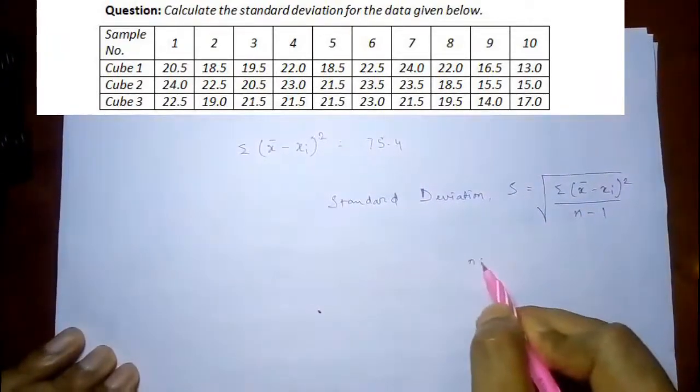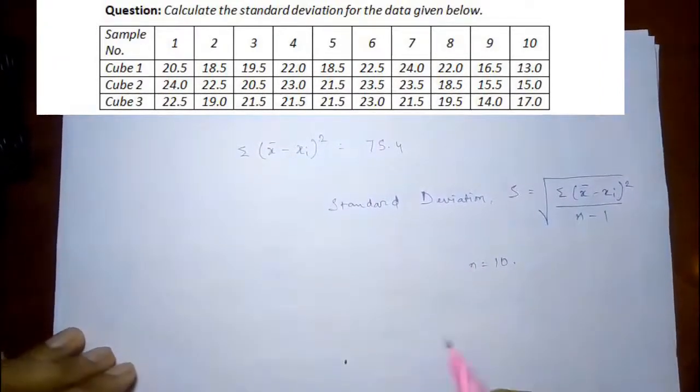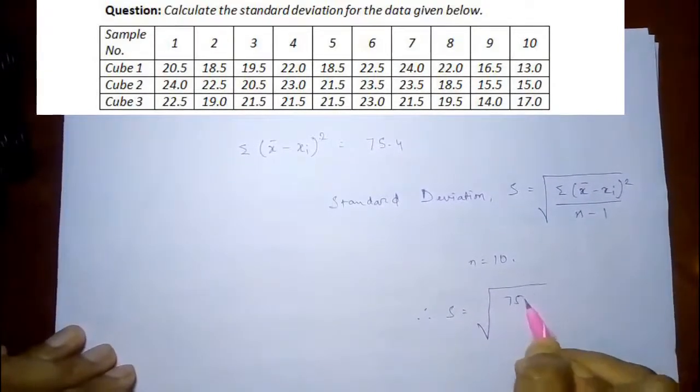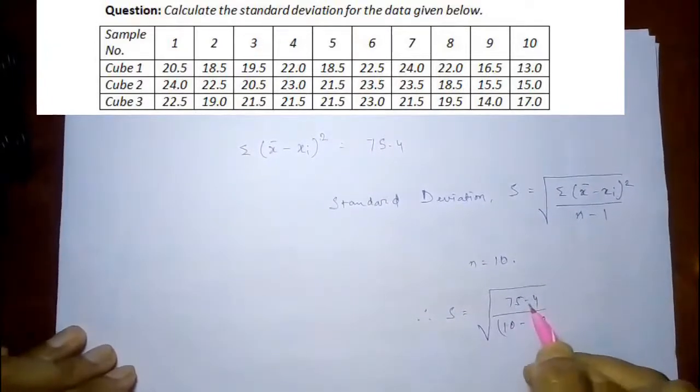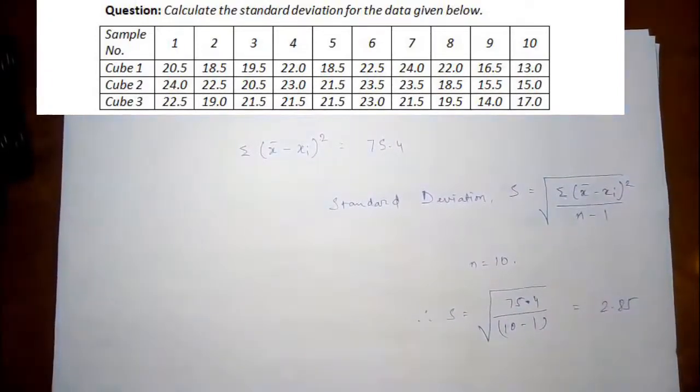N, as you know, is equal to 10. 10 samples are there, so our S is equal to the square root of 75.4 upon 10 minus 1, and it is equal to 2.85. So this is our answer.